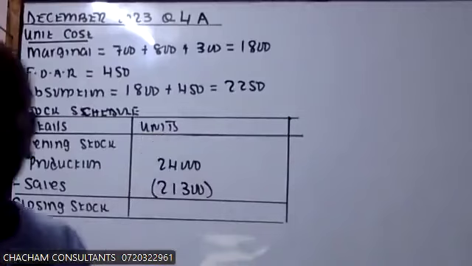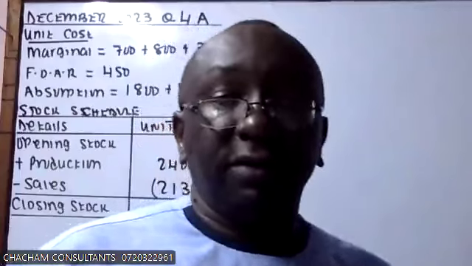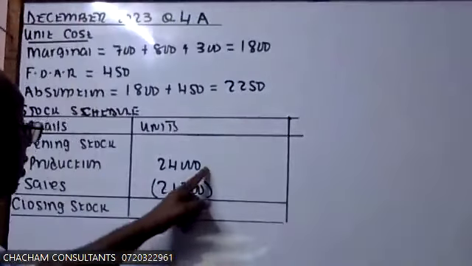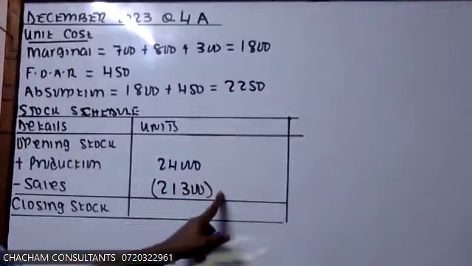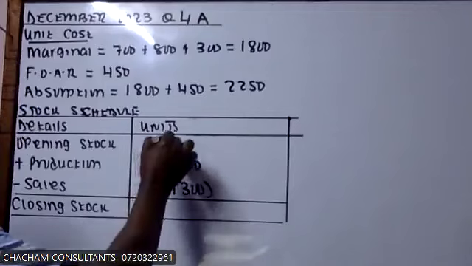If production is more than sales, like in our case here, opening would be 0.